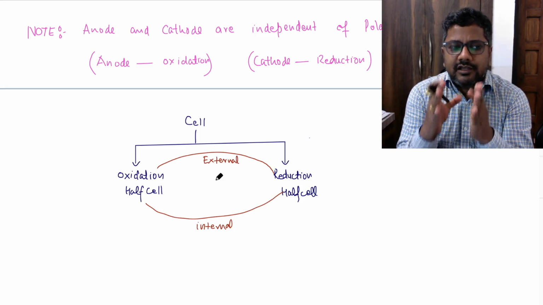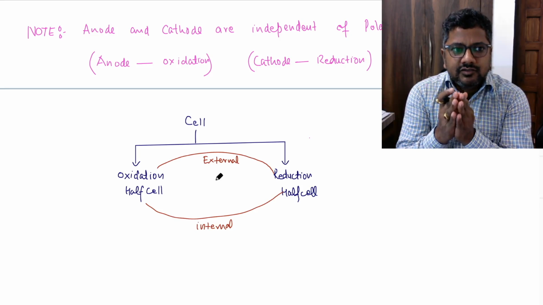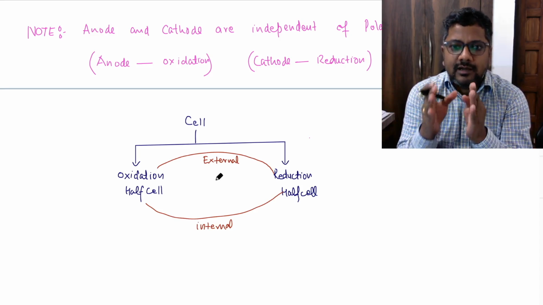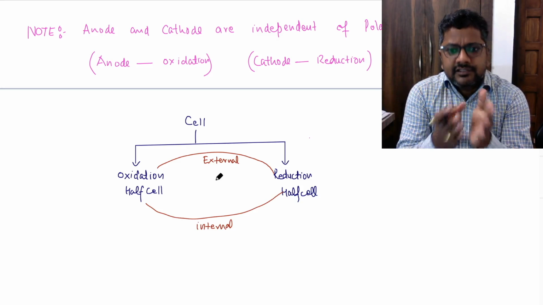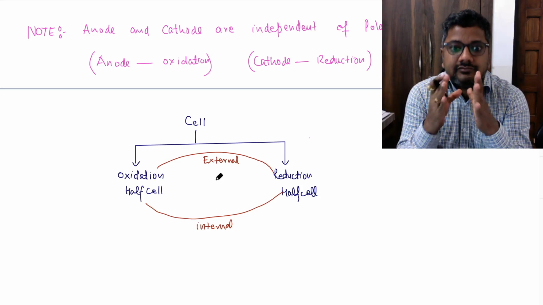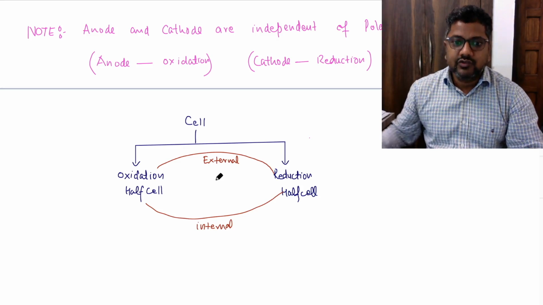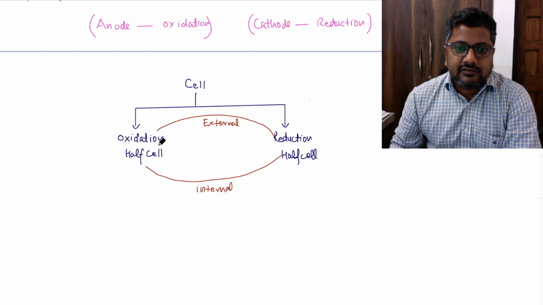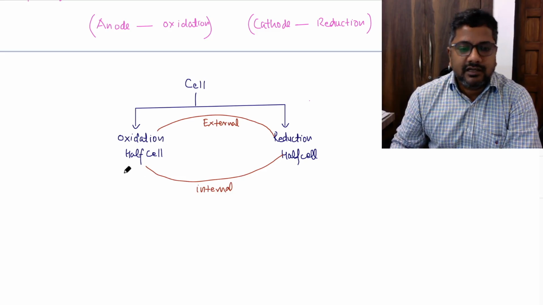If you know the requirement for a half cell, you can make a complete cell, because you require a minimum of two half cells. You can connect many half cells in series, but a minimum of two half cells are required for making a cell. So if you know the requirement for the formation of a half cell, you can make a complete cell very easily.